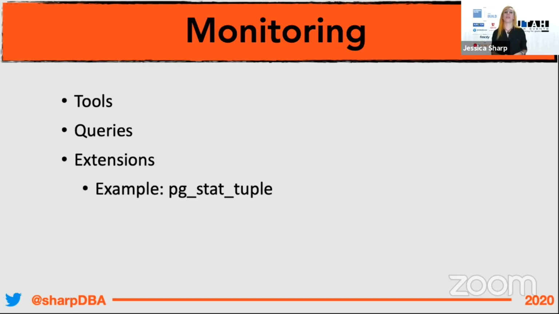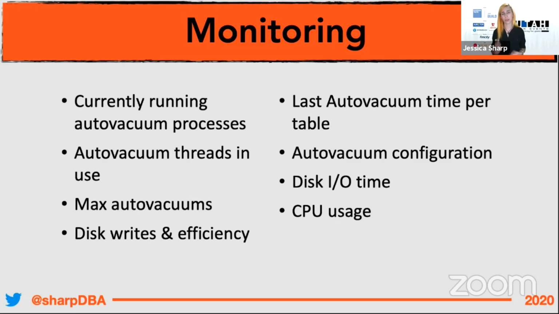Monitoring tools are very helpful. You could use the extensions and custom queries to set up your own custom monitoring tool like Grafana, but if you can use anything else, I would. You just need something. All right, so what do you monitor? You need live monitoring when you're expecting to have problems.